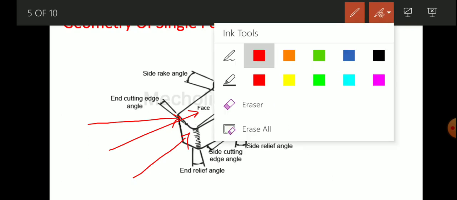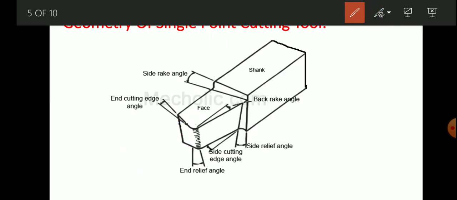Now let us see side rake angle. Side rake angle is the angle between the tool face and a line parallel to the base. Now we have end cutting edge angle.